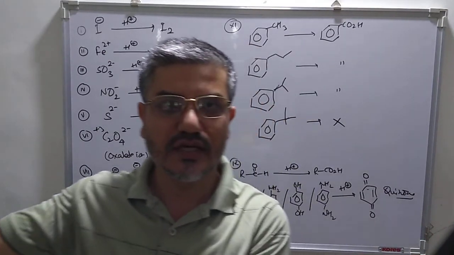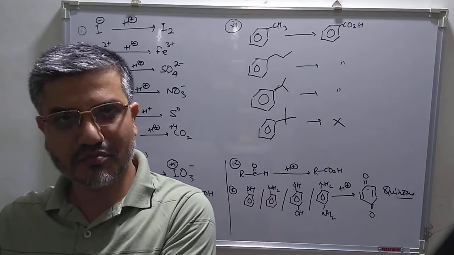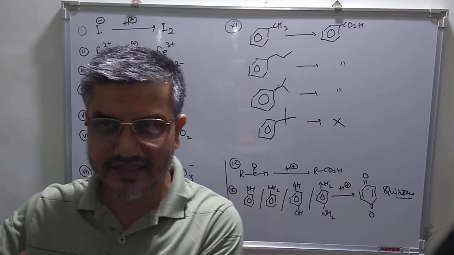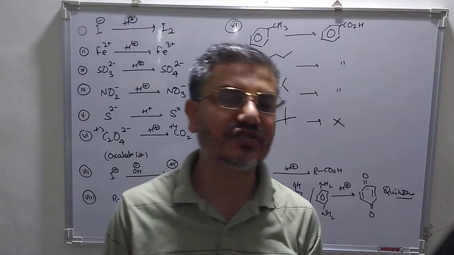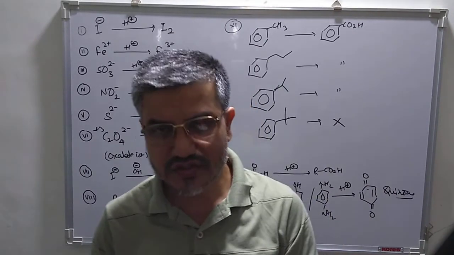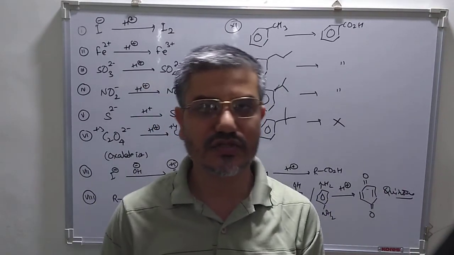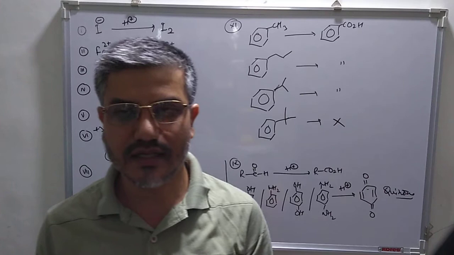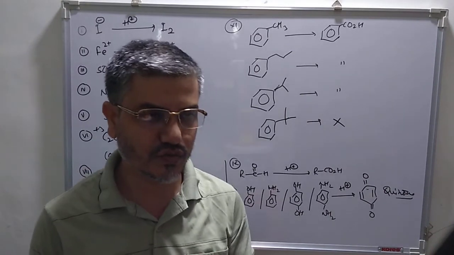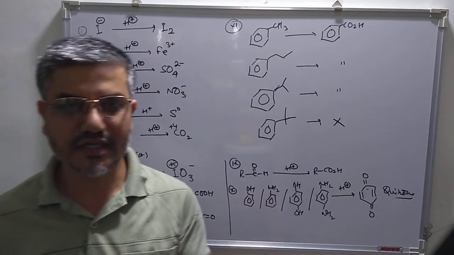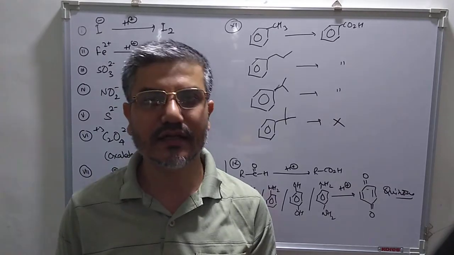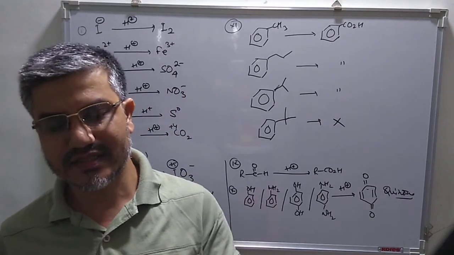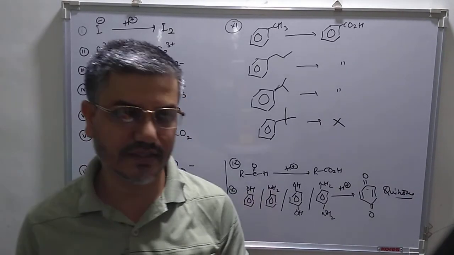On reduction, the Mn oxidation state changes from +7. The +7 is intensely pink, so the pink color will discharge. The point at which the pink color is discharged is considered the end point of titration. So in KMnO4 titration, no indicator is required. MnO4 minus itself acts as a self-indicator.